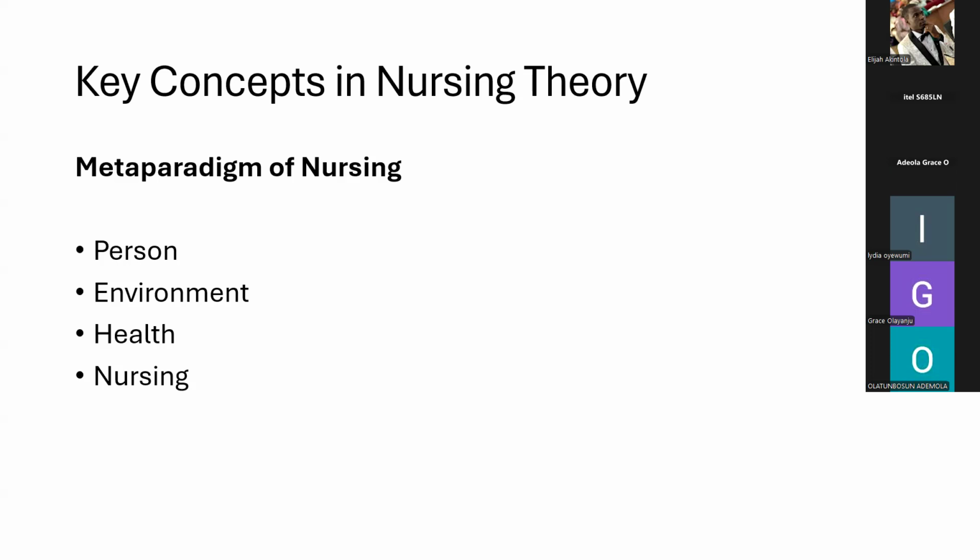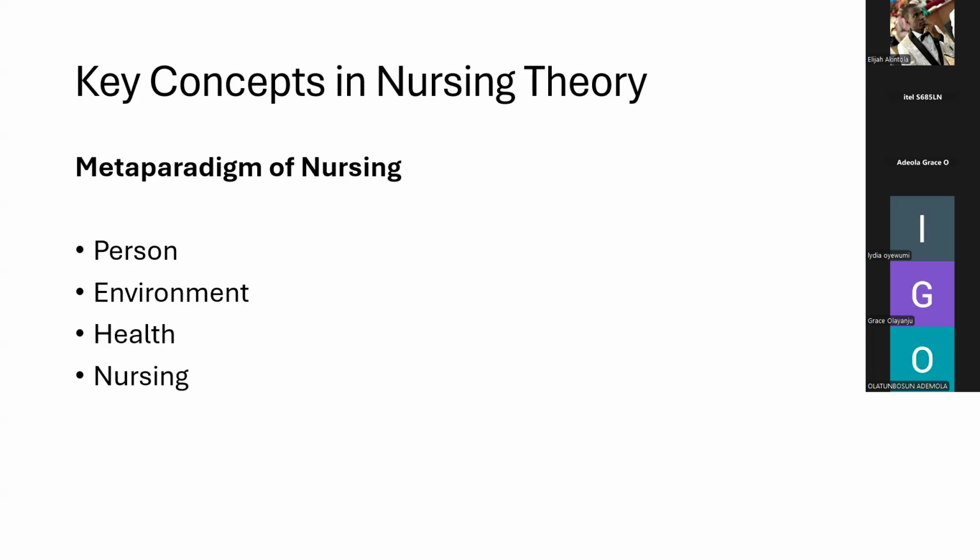So depending on the worldview that you have, that will also determine your definition of a person. If you are constructing a theory, your philosophical underpinning will be consistent throughout. Even in your model, when you are drawing your diagram, your philosophical underpinnings will be consistent. Also reflect on how you see a person, how you interpret a person, how you define a person. Is the person an individual, or is the person a group of people?